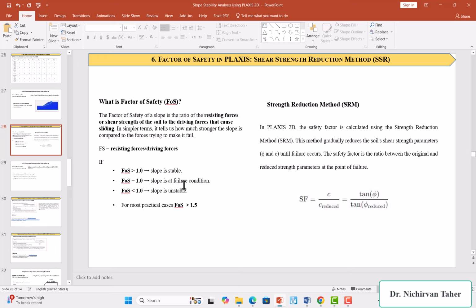In this approach the safety factor is calculated using the strength reduction method, and in this method the original shear strength parameters of the soil, which are the internal friction angle and cohesion, are gradually reduced until failure of the slope occurs. So the factor of safety is equal to the original shear strength parameters divided by the reduced shear strength parameters at failure, and in this way the factor of safety is calculated.